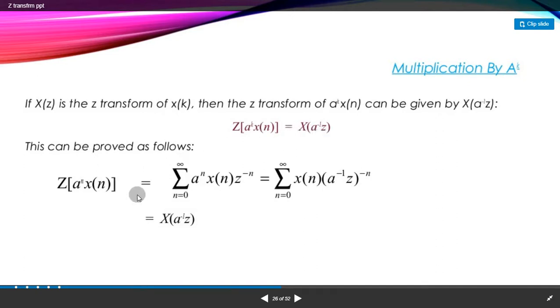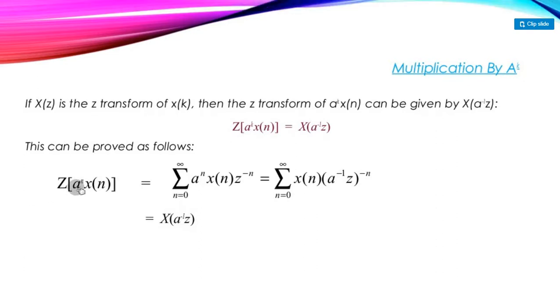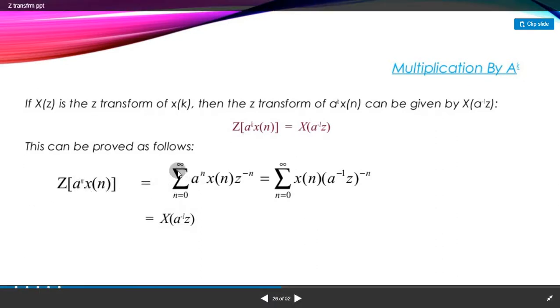This can be proved as follows: the Z transform of a to the power n x(n) can be written as the summation from n equals 0 to infinity of a to the power n x(n) z to the power minus n. It could be written again as the summation of x(n) times (a to the power minus 1 z) whole to the power minus n, which can be written as X(a to the power minus 1 z).